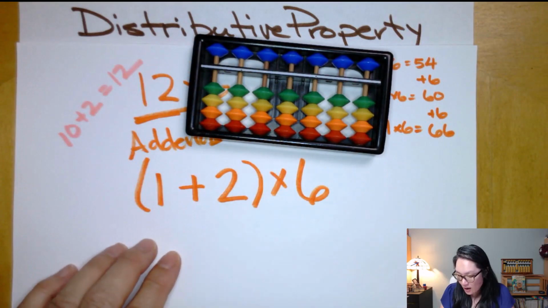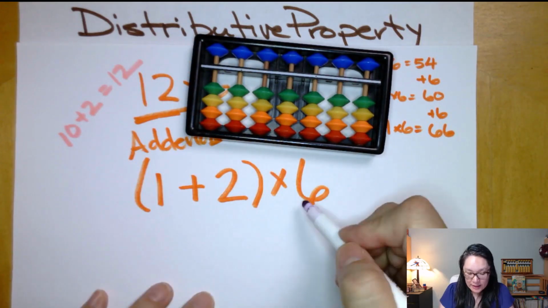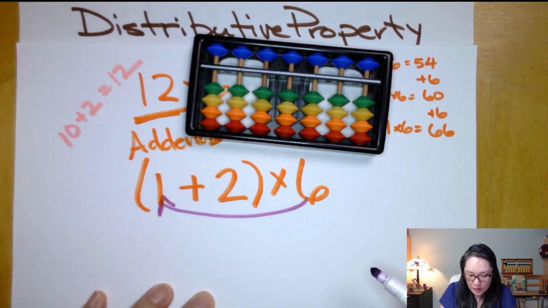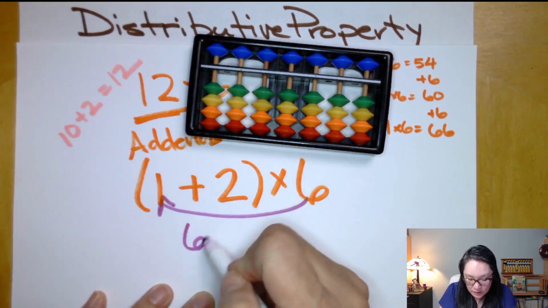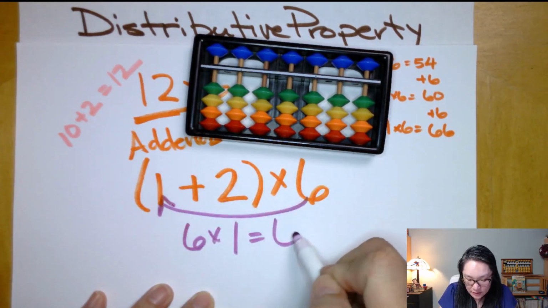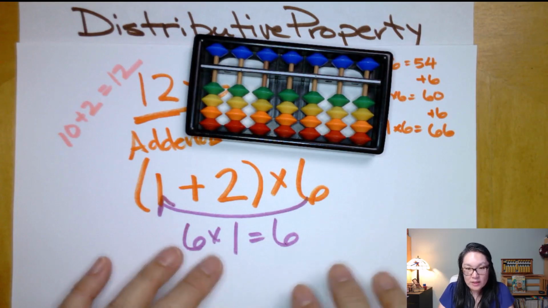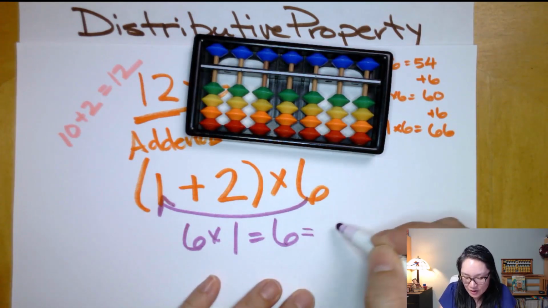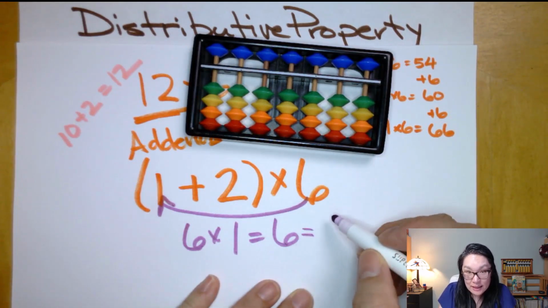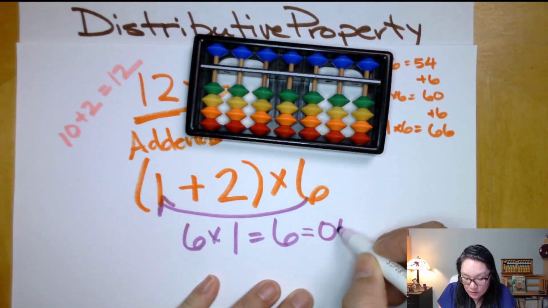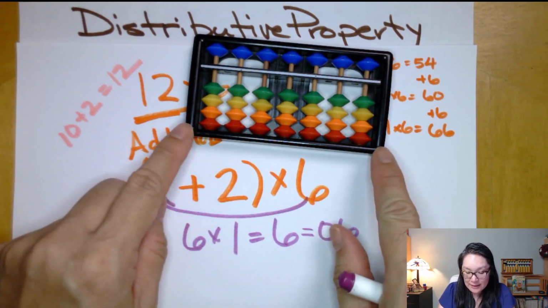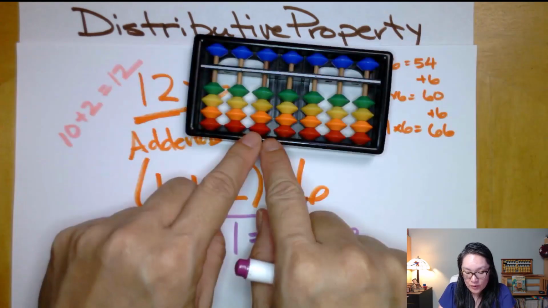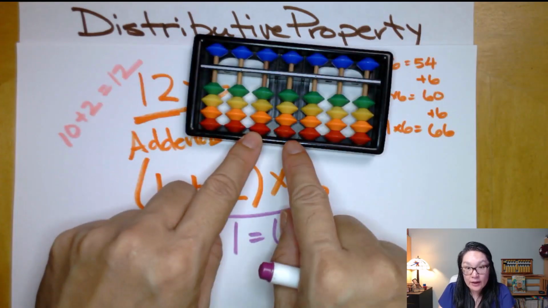Now what we need to do is multiply 6 times 1. So 6 times 1 is equal to 6. Before we start doing anything, let's imagine that 6 is actually equal to 0, 6. So we have the 0, and then we add the 6.